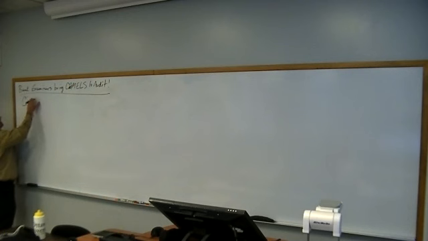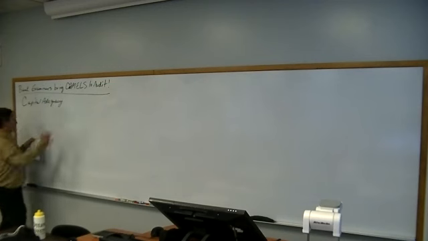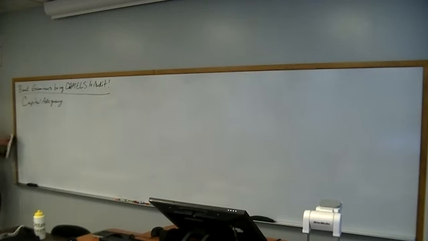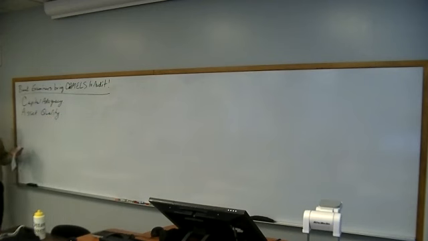The C is capital adequacy. Capital adequacy. The A is asset quality. M is management.